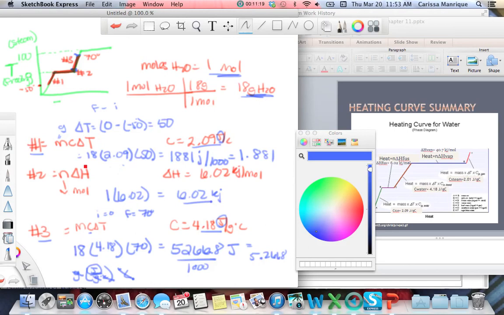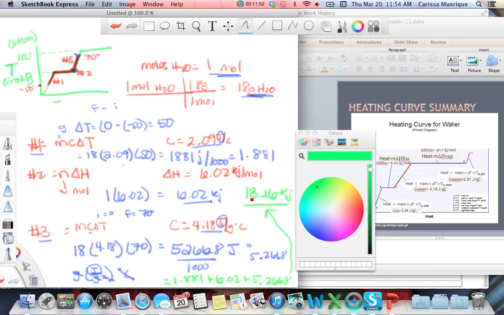Now if you add all of these together, I would have 1.881 plus 6.02 plus 5.2668. When you add all those together, I'm running out of room, let me put the answer right here, you get 13.16 kilojoules, which is your answer.